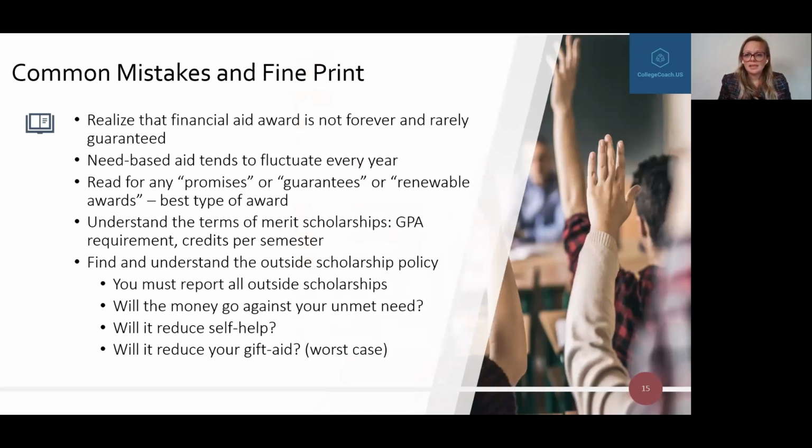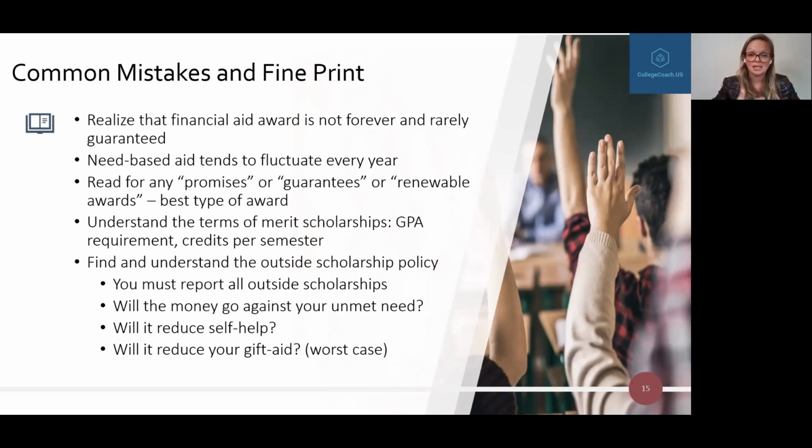So, common mistakes and fine print to be aware of. First, you need to realize that financial aid awards are not forever and they're rarely guaranteed. So, what that means is most of the times when you get a financial aid award, it's for that year. Especially need-based awards, because that's what they are.